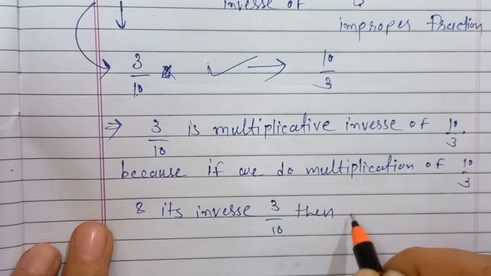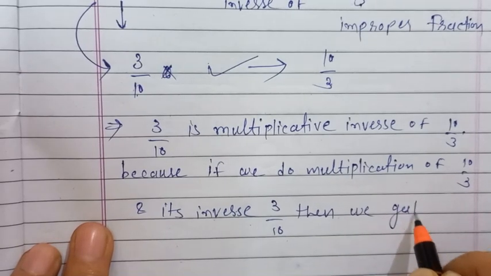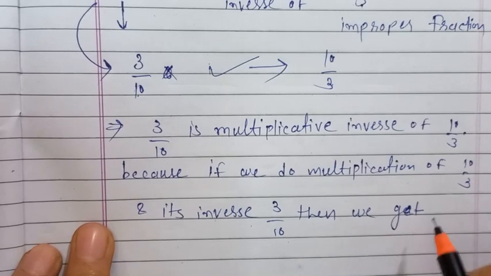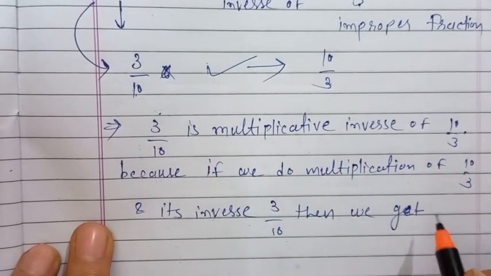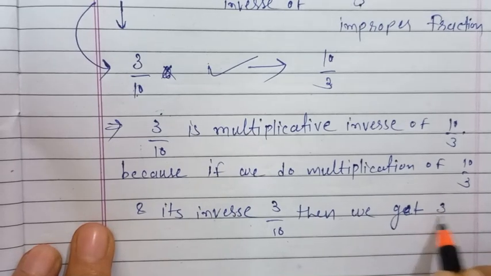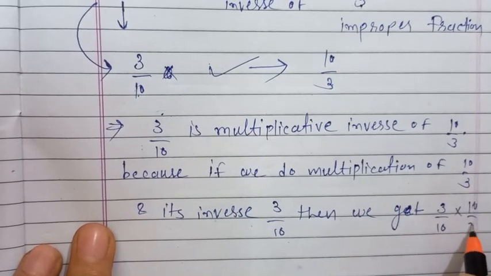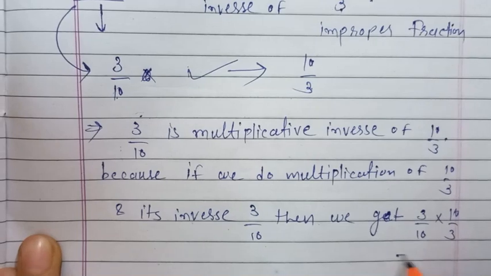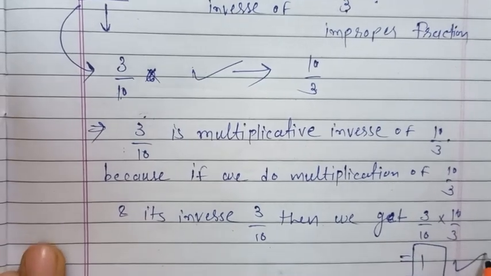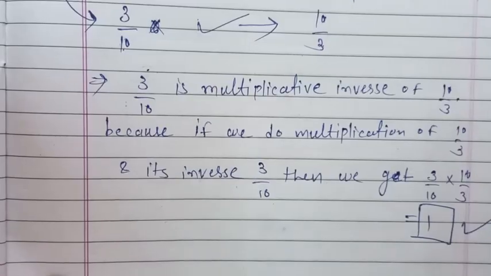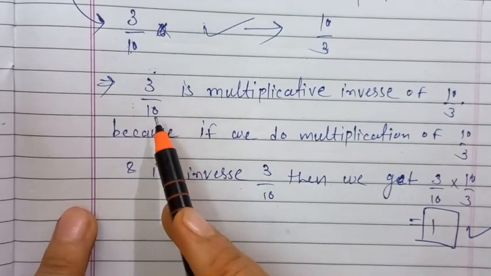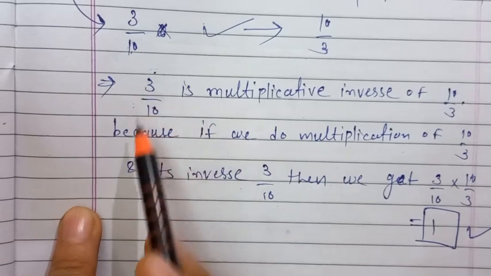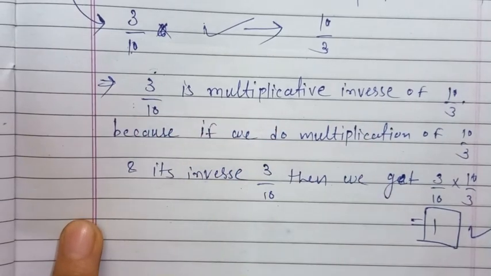Then if we multiply 3 by 10 and its inverse, we get 3 by 10 into 10 by 3 is equal to 1. We get 1. Then this is true that 3 by 10 is the multiplicative inverse of 10 by 3.